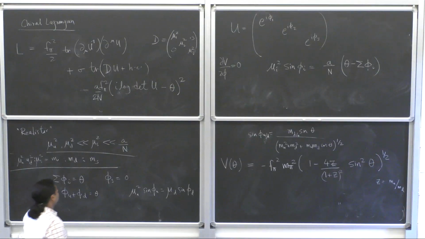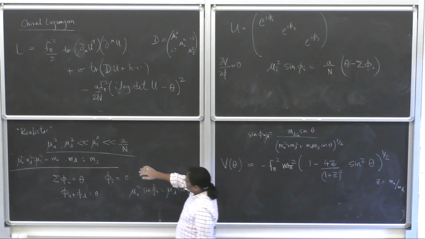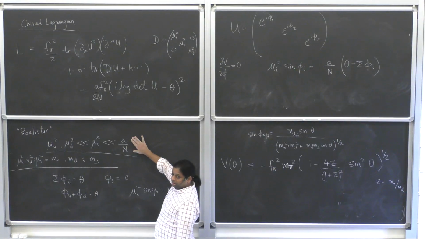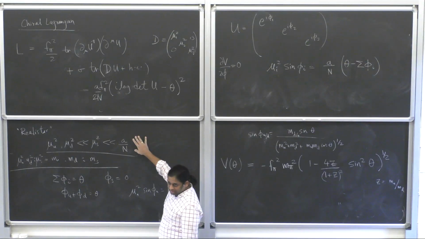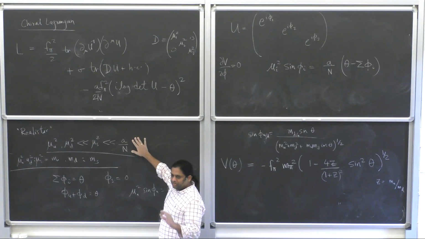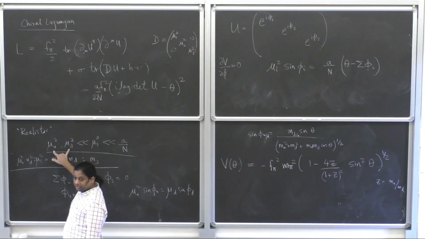Where did we lose the large n limit? In some sense, n was only appearing as the coefficient of this anomaly. When we said this is true, we could still be in the large n limit, in a limit where the masses of the quarks are much smaller than these coefficients.